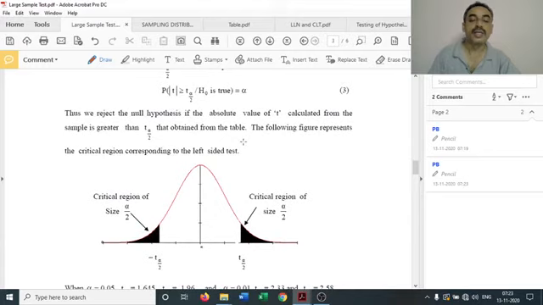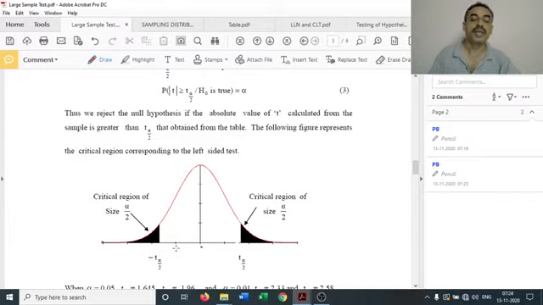Again, in a two-sided test, we simply divide the total significance level alpha into two equal parts, alpha by 2 in the left side and alpha by 2 in the right side. So minus t alpha by 2 or lesser, and t alpha by 2 or greater are the two sectors of the critical region. So we accept if it is between minus t alpha by 2 and plus t alpha by 2.